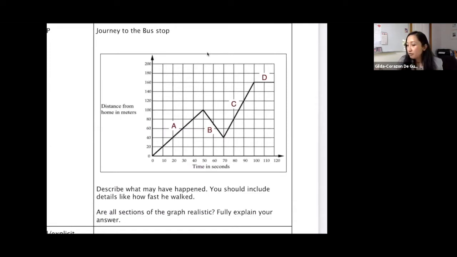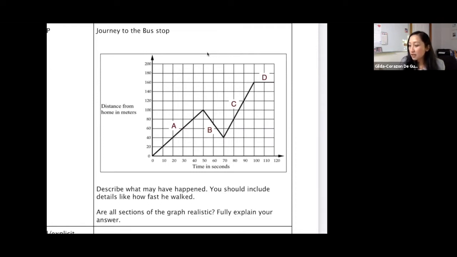And then you have your y-axis as what? What's described in our y-axis? It's the distance, all right? So when you have your distance there, your 0 there would probably be your place of origin, right? So for example, if you would be graphing your speed going to school, well, right now we can't go to school, then you would have 0 meters there and then going up to 200 meters, okay?